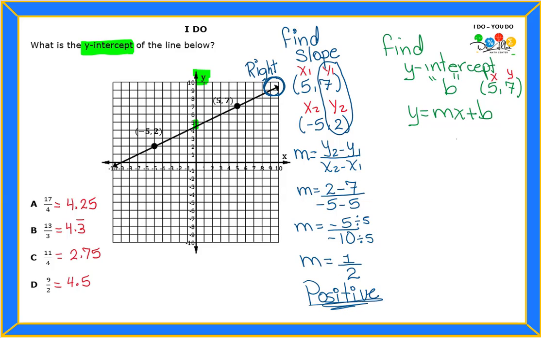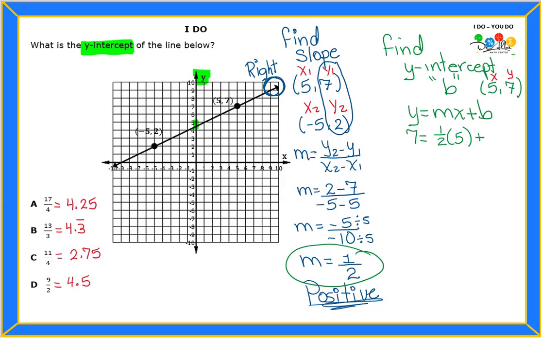So the y, it's 7. M is the one that we found earlier, which is right here on the bottom. So it's a half. X, it's a 5. Now remember, the 5 and the 7 are coming from the coordinate from one of the points that I chose from the line.